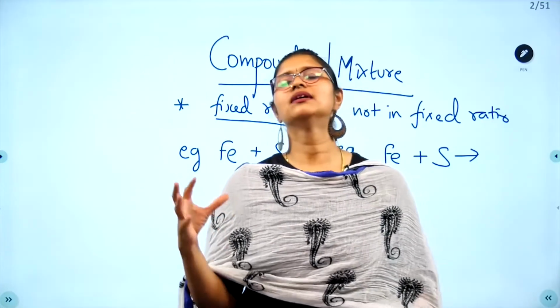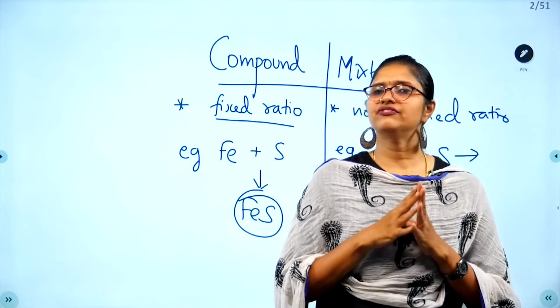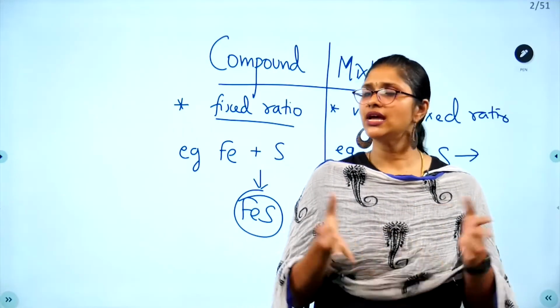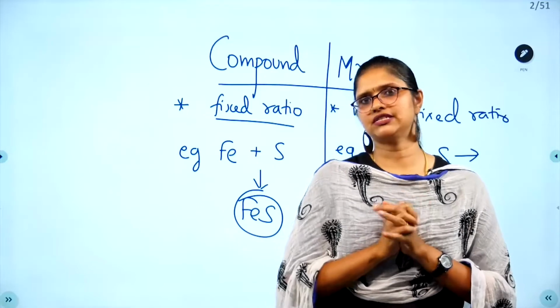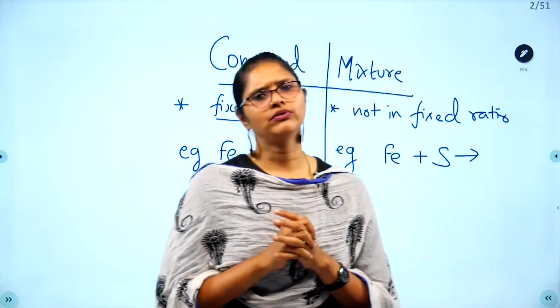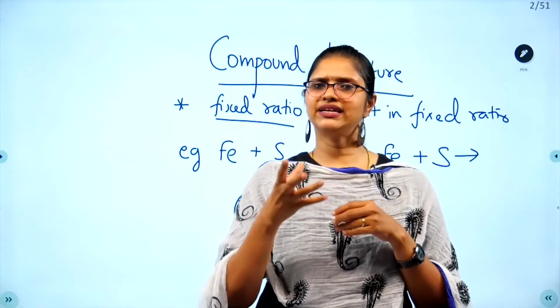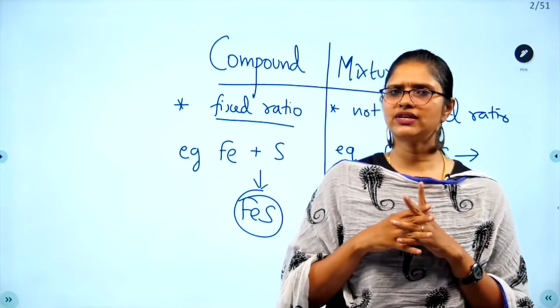So once again, compound is nothing but two or more elements combining in a fixed ratio, whereas in a mixture, elements don't mix in a fixed ratio. And how to form a compound? When I take iron filings and sulfur powder, mix it and heat it, it forms a compound called ferrous sulfide.